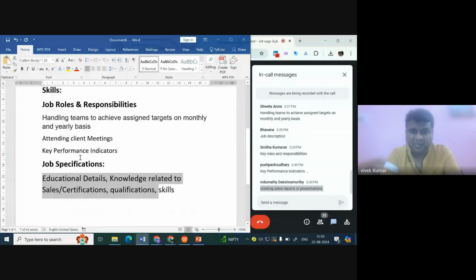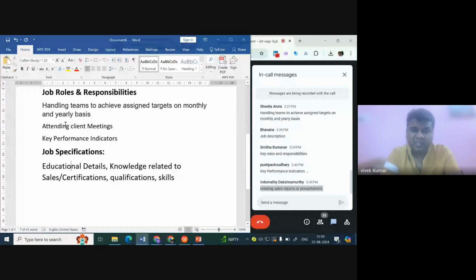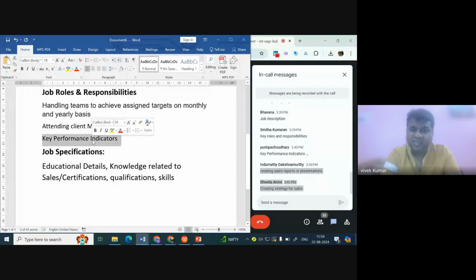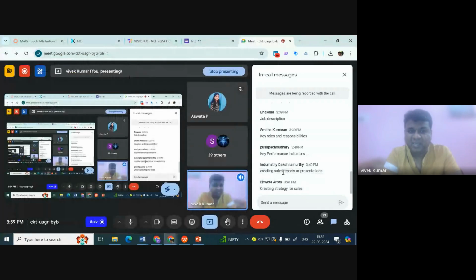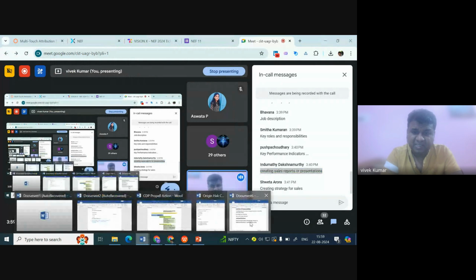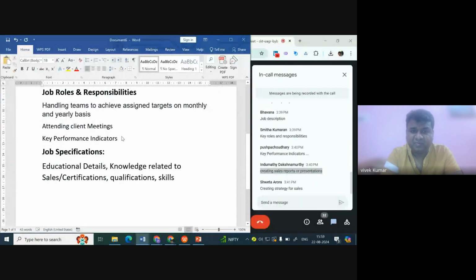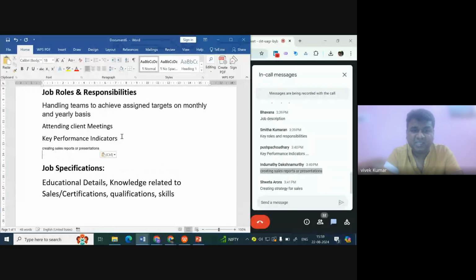For example, if we are talking about someone should have team leading experience, and they should have done something based on targets and all, they would have followed some KPIs. I think there's some mention of creating sales reports, presentation, strategy. So all those kind of things can come up over here also, and then we can finally pick up things which we believe is important and can be put in the job specification, more like a statement for that matter. Okay.